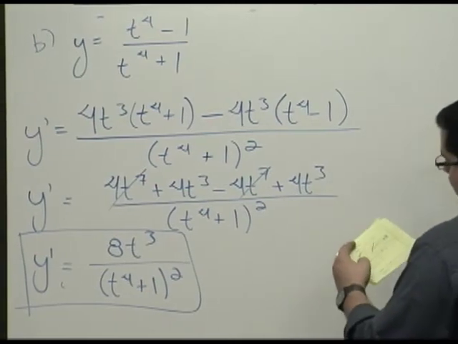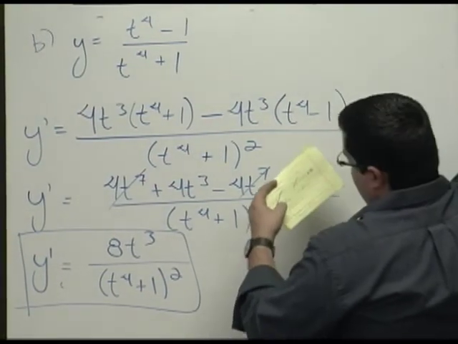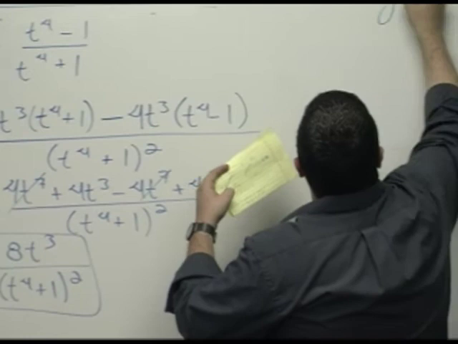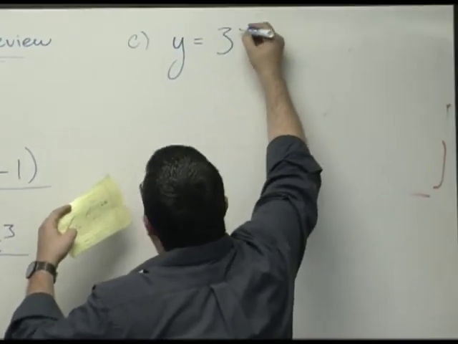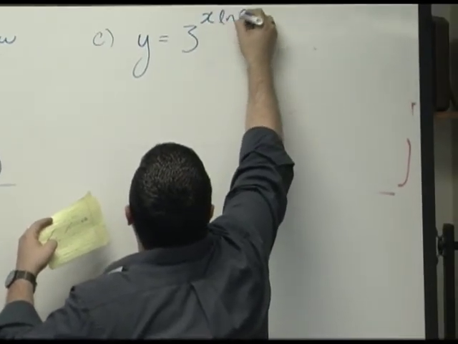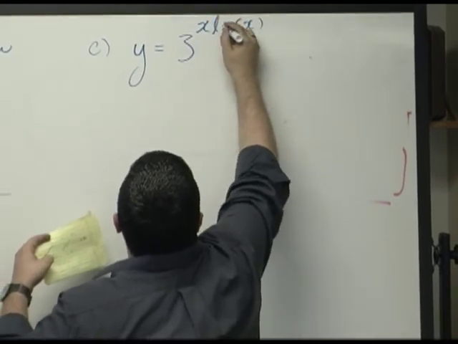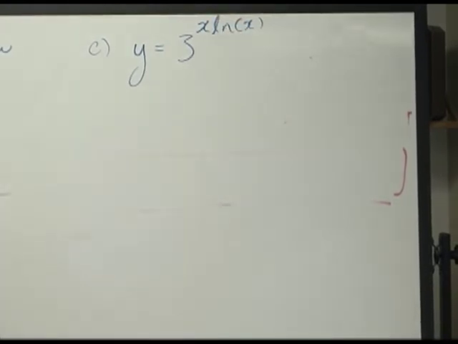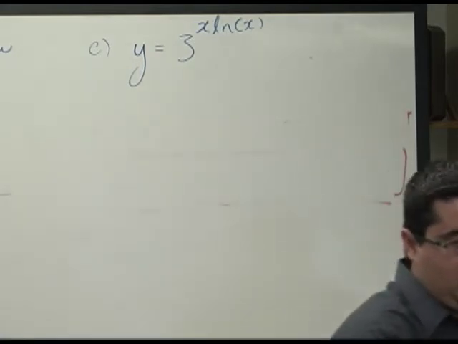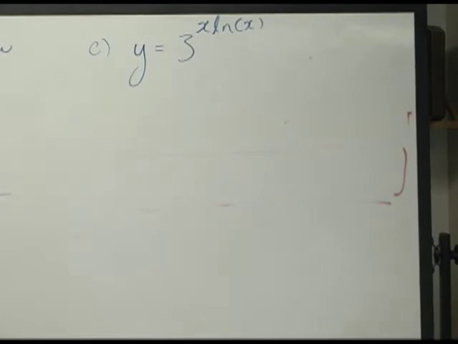So here's another kind of problem to get us started on that. y equals 3 to the power of x natural log of x. Now, one of the possibilities to do here is a combination of the chain rule and the derivatives for logarithms.